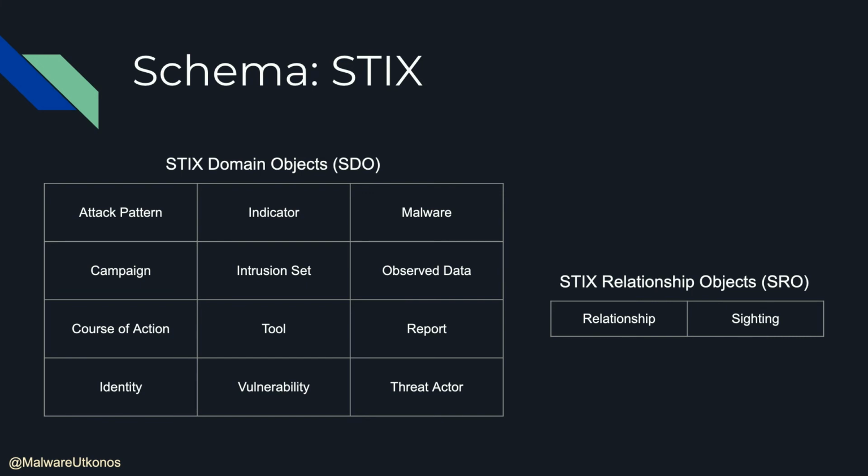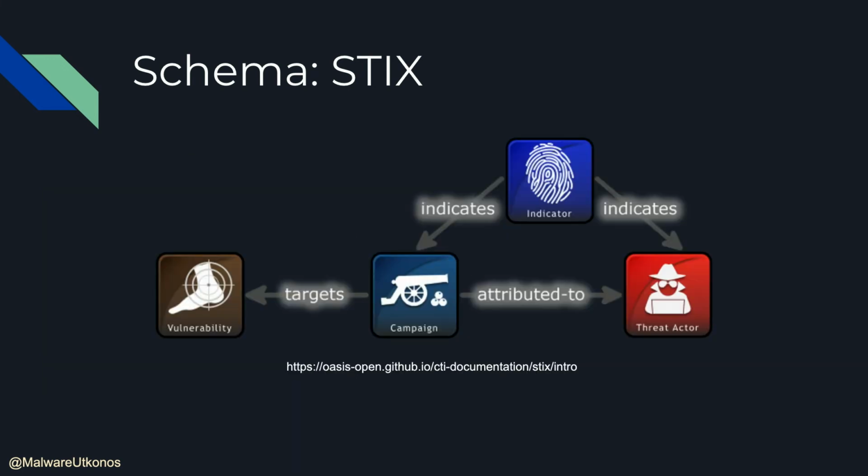So this is friend of some, enemy of others, Stix. The Stix model, if you look at it and think about it, is made of 2 general categories of objects. You have Stix domain objects, and then you have Stix relationship objects. The Stix domain objects are related to each other by 1 or more Stix relationship objects. If you think about it, that's a graph.